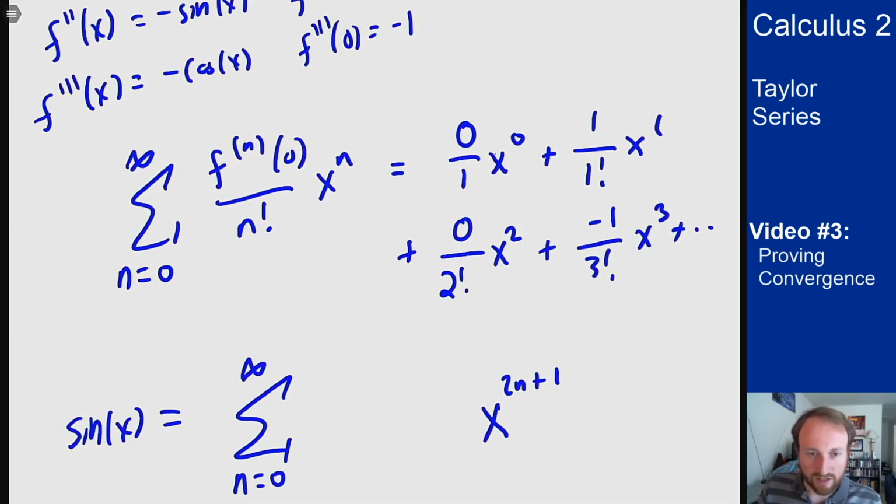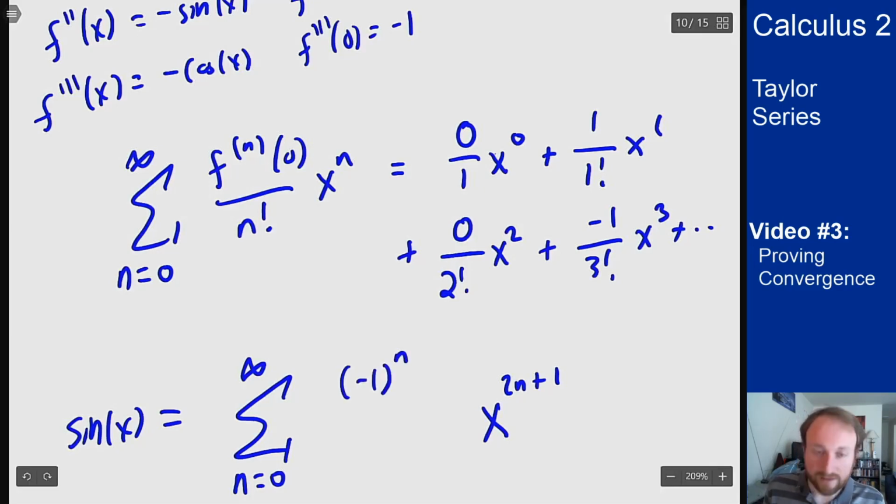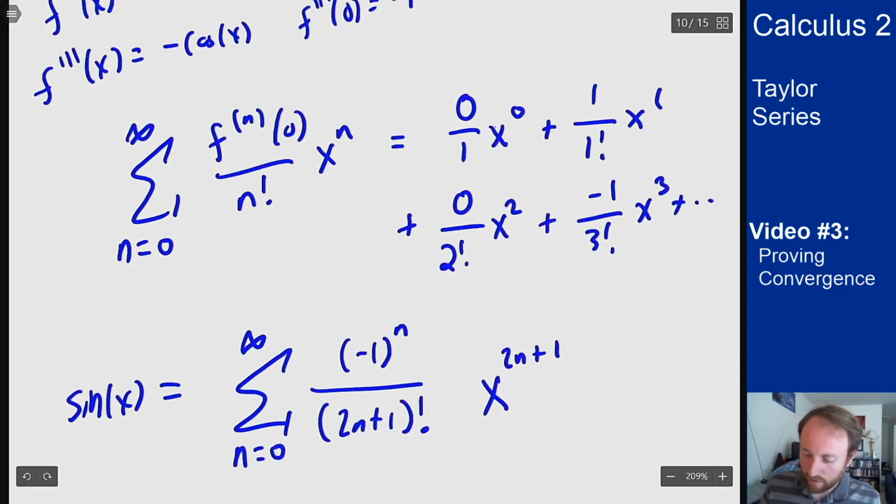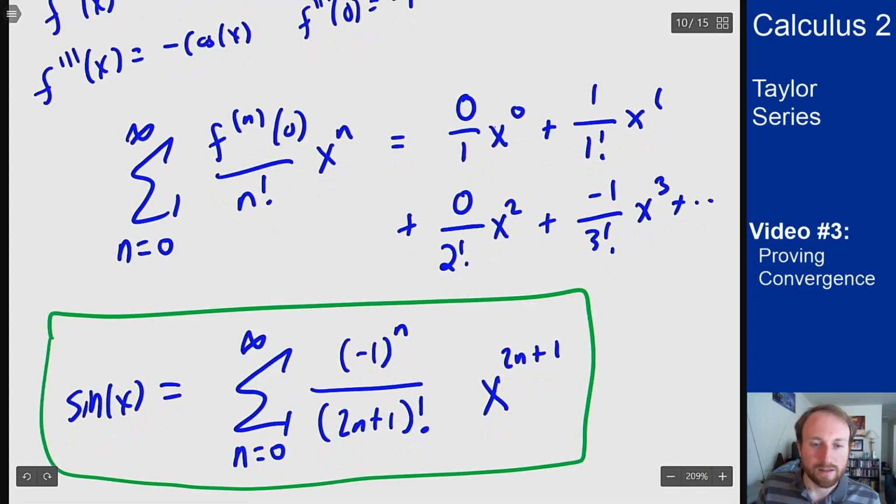Now what's the coefficient of x to the 2n plus 1? Well, it's going to be negative 1 to the n, because it's going to go plus 1, minus 1, plus 1, minus 1. And I'm starting at 0, so that starts with the plus 1. And what's underneath? Well, it's going to be 2n plus 1 factorial, the same factorial as the power that I have on the x. So this here gives you my Maclaurin series for sine of x.